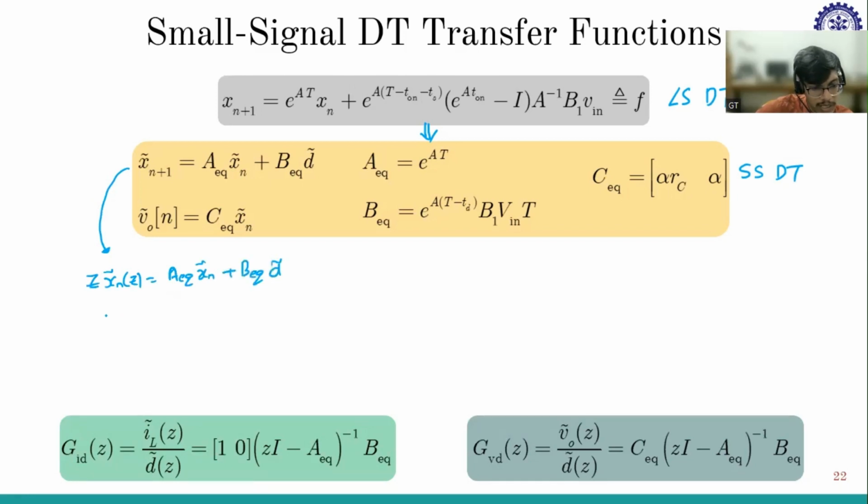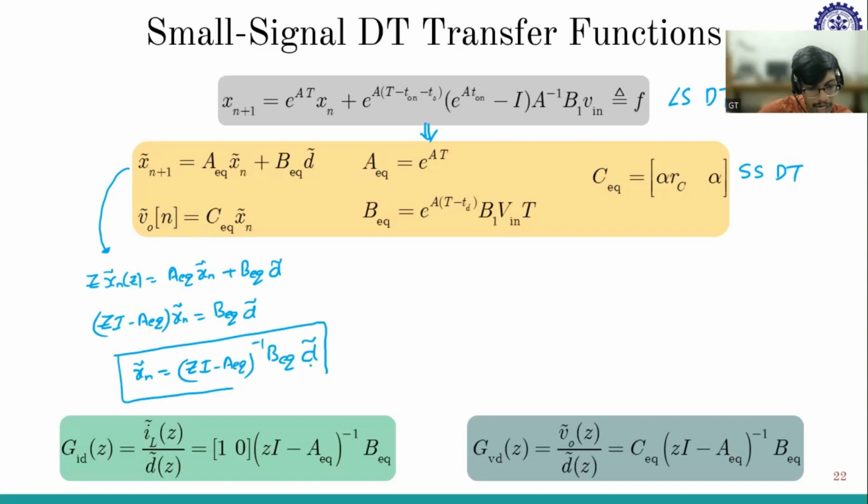So if I bring this, I'll get (ZI minus A equivalent) into xn perturb is equal to B equivalent into D perturb, right? So my xn perturb is what? (ZI minus A equivalent) inverse into B equivalent into D perturb. Do you agree?